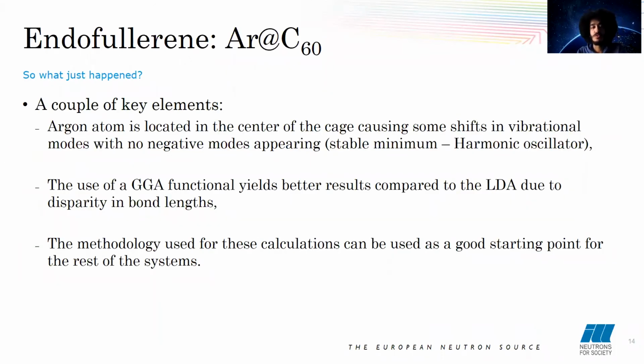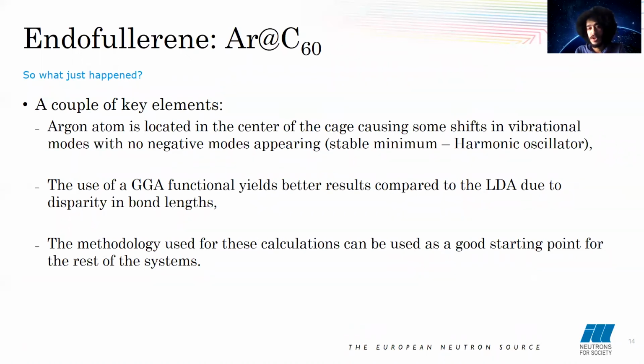So as a small summary of what just happened, the argon atom is located in the center of the cage after the structure is optimized, which causes some shifts in vibrational modes with no negative modes appearing in our spectrum, which just confirms that the position the argon atom takes is a stable one.